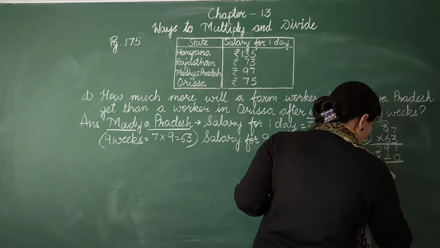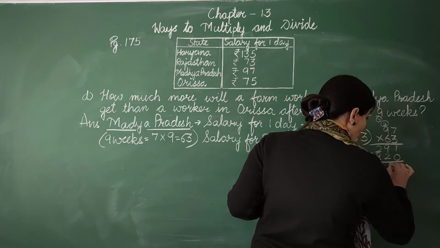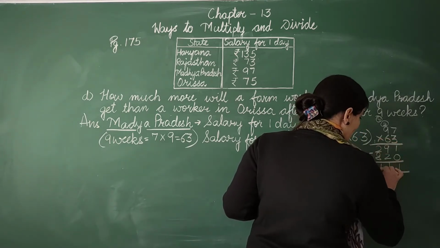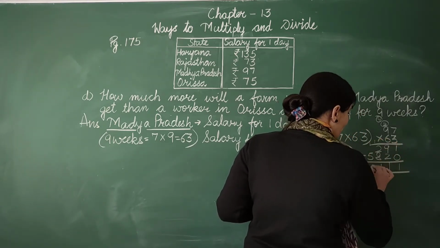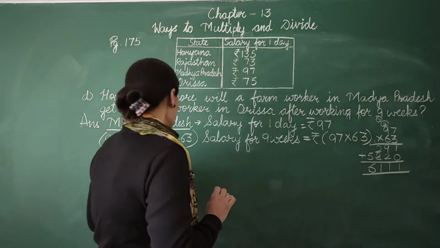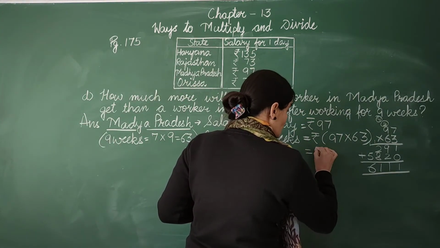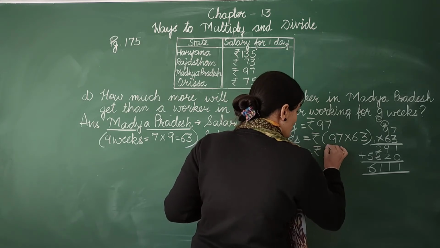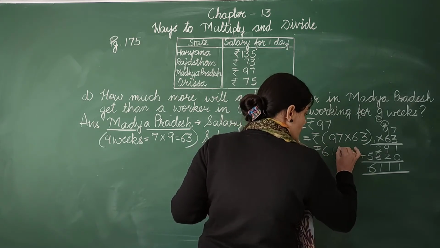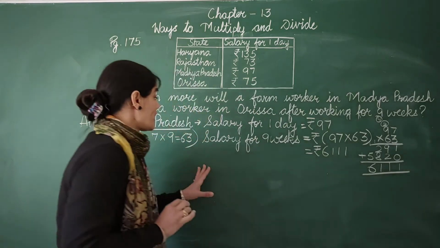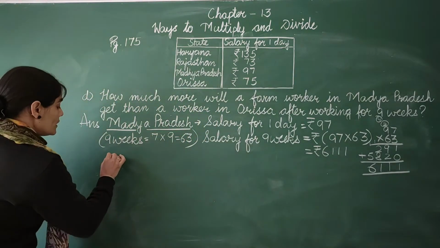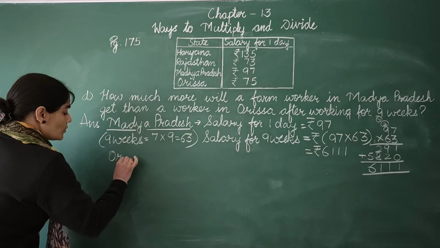Let's add them so that we get the answer. It's 1, it's 11. 1 we carry, it's 11. 1 we carry, and this is 6. So the salary for 9 weeks in Madhya Pradesh for a farm worker is rupees 6,111.